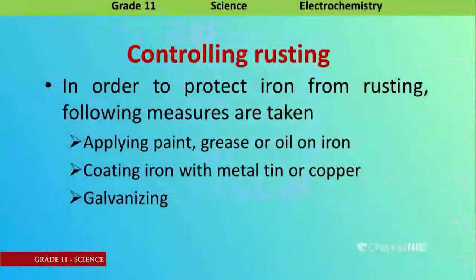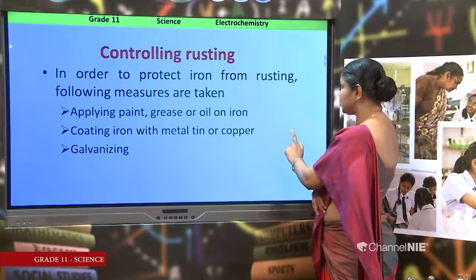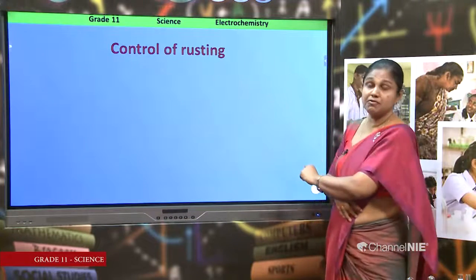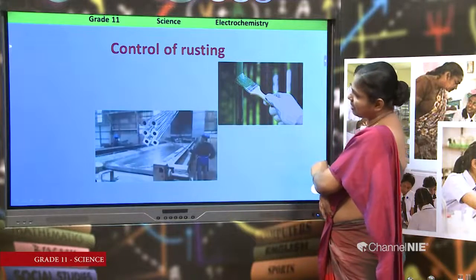For that, we can apply paints, grease or oil on iron. Iron can be coated with other metals like tin or copper. Galvanizing is also done to protect iron from rusting. Okay, here you can see the methods, right?